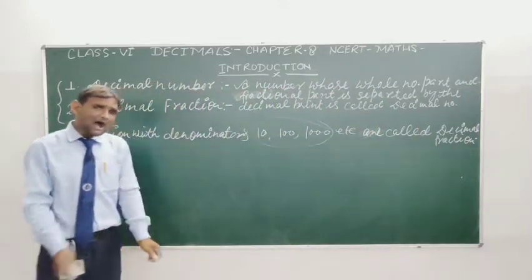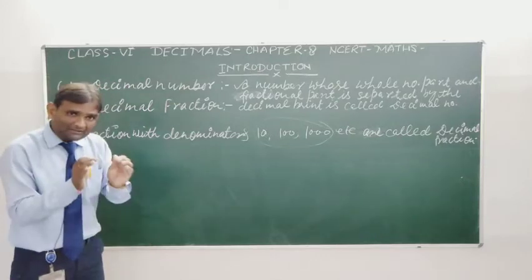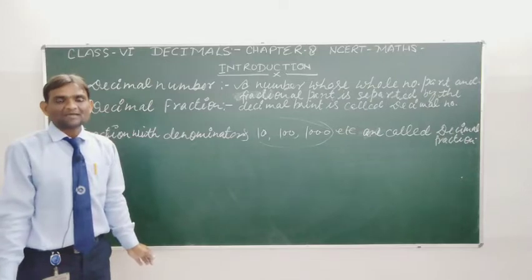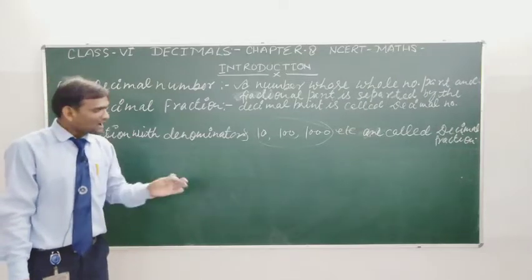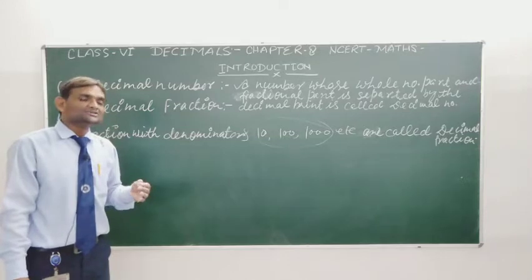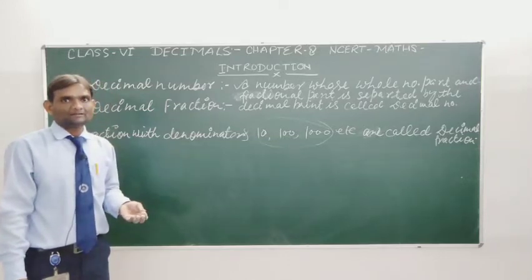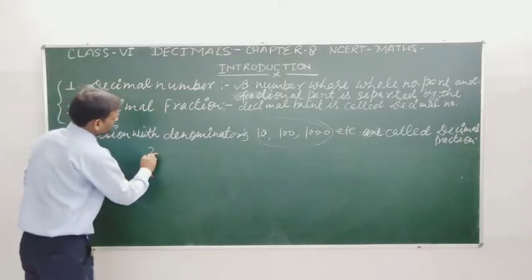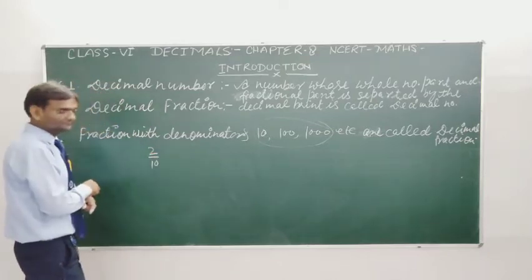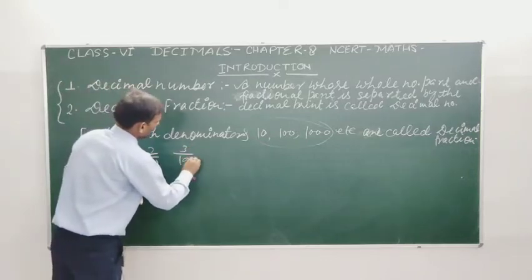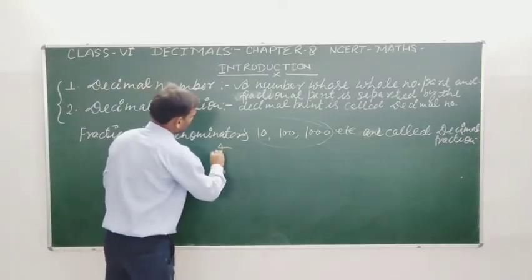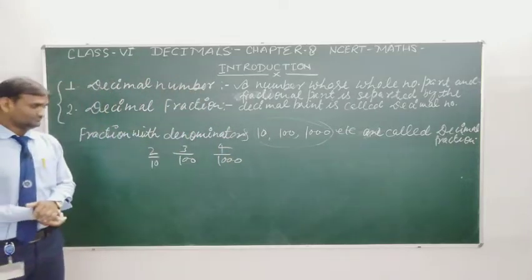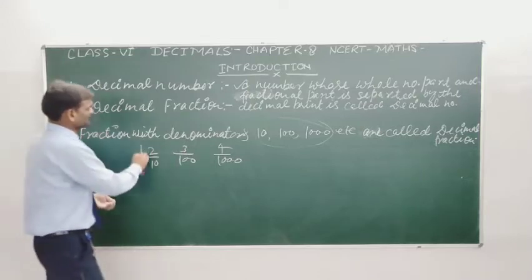It means all those fractions whose denominators are 10 type numbers, means 1 and after 1 if we write the 0, then that is called 10 type number. Like student, 2 upon 10, 3 upon 100, 4 upon 1000. This is called decimal fraction.